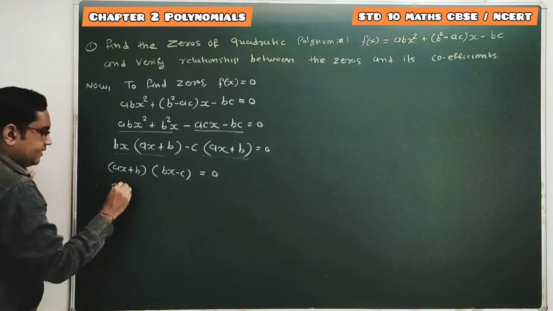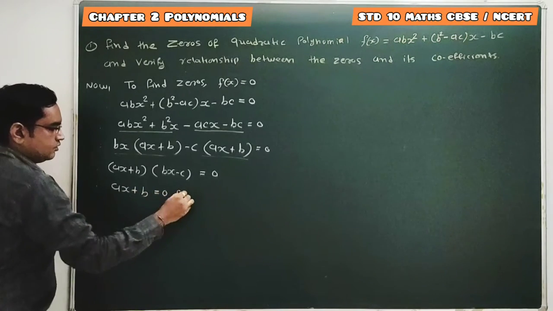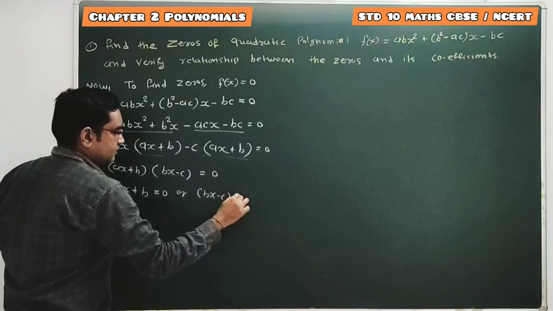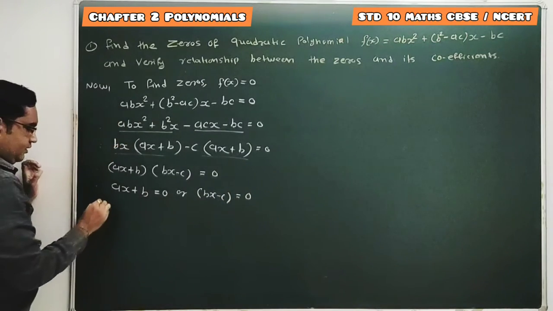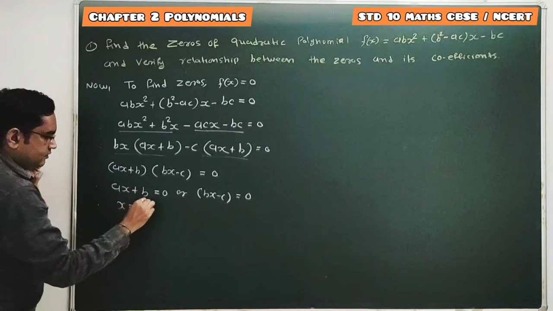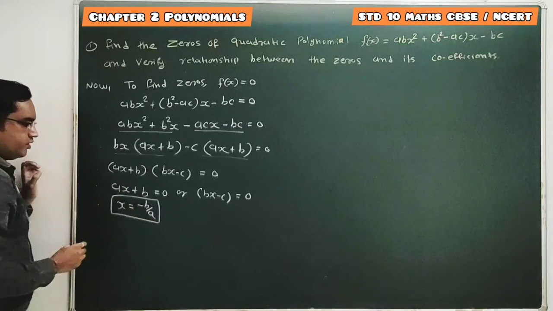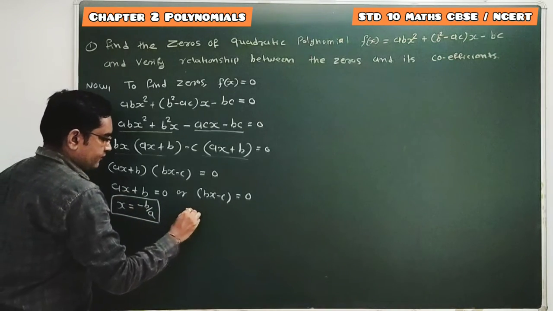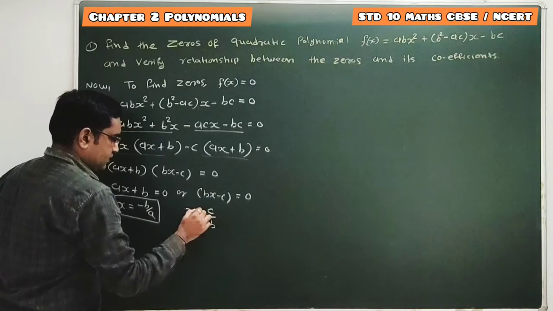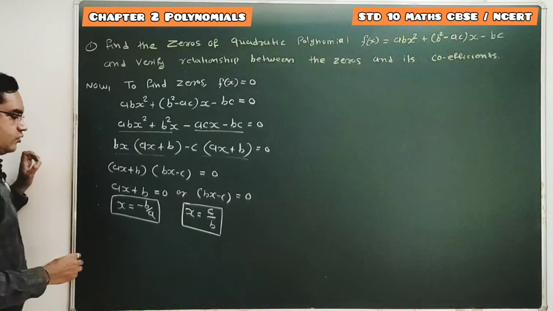Therefore ax plus b equal to 0 or bx minus c equal to 0, and we get the values of x: x is minus b by a, and x is c by b. So these are the values of the two zeros.